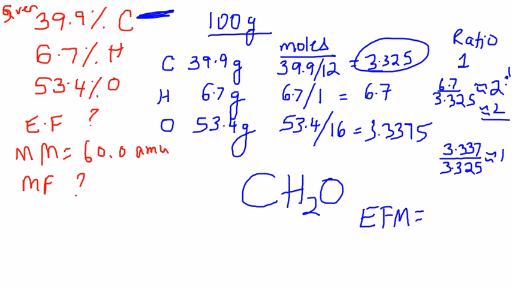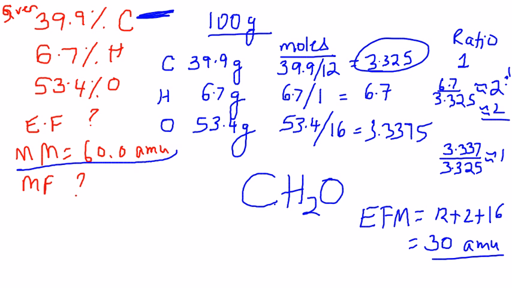Now, if you think about the empirical formula mass, let's just call it EFM. That will be the mass of carbon, that is 12, plus 2 times hydrogen, plus 16 times 1. Total comes out to be 30 AMU. Turns out the molar mass is already given to you as 60.